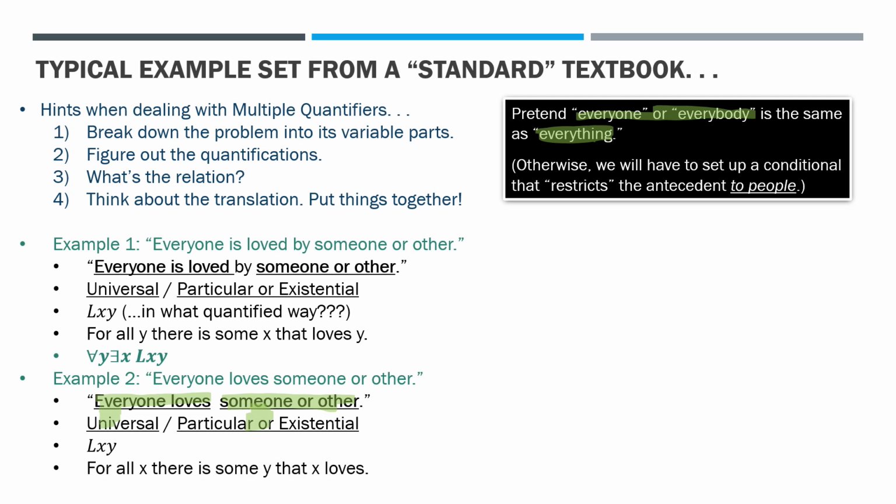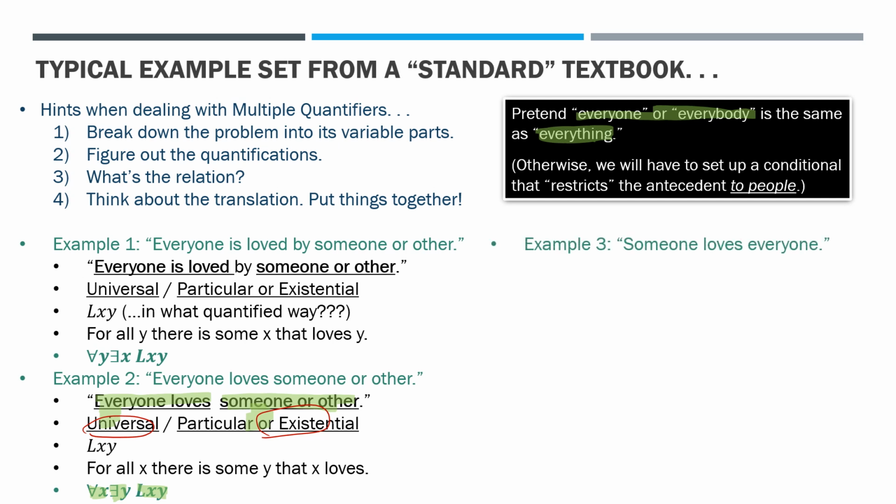For all X, there is some Y that X loves. And so we get for all X, there exists some Y, LXY. We first have something that's universal, then we have something that's particular or existential. And it turns out that all X love some Y.